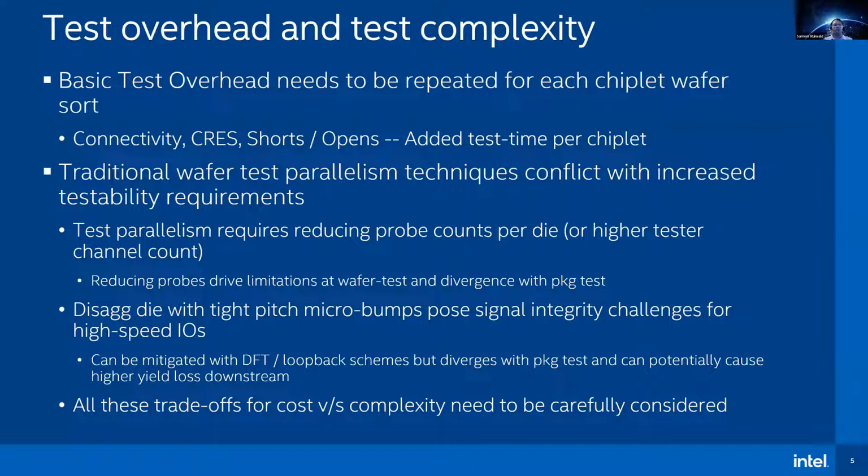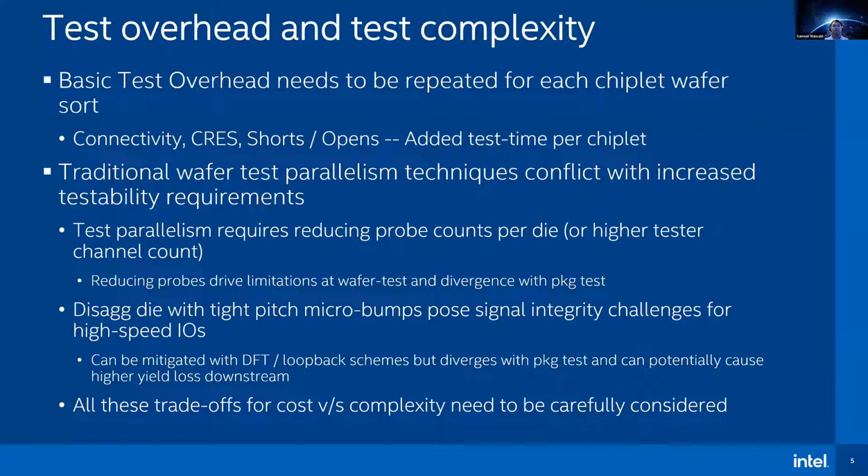We talked about tight pitch microbumps on disaggregated die because of the die-to-die interconnect. This poses signal integrity challenges for all of our high-speed IOs. A lot of this can be mitigated with extended DFT, loopback technologies at the wafer sort space. But this drives, again, divergence with package test, with final test.